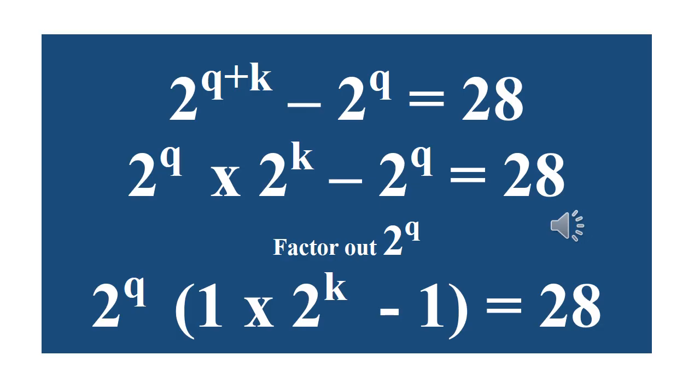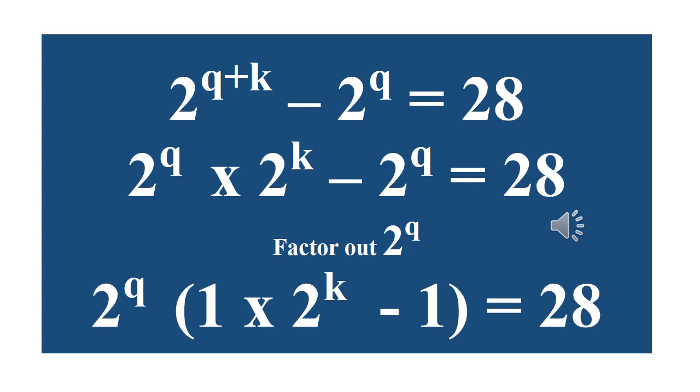So from here now we have 2 raised to power q plus k can be written as 2 raised to power q times 2 raised to power k using the law of indices. If you rewrite 2 raised to power q times 2 raised to power k, you still get 2 raised to power q plus k.